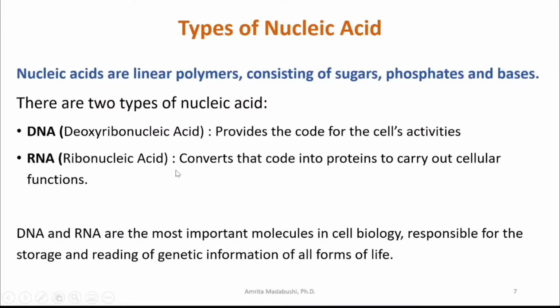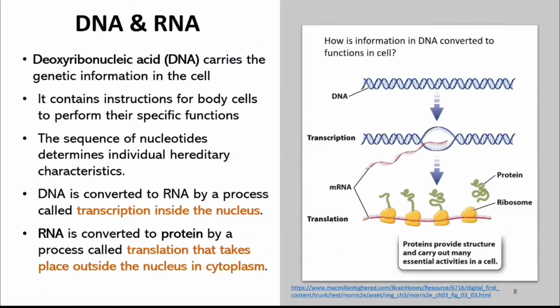It converts the code into proteins to carry out the cellular functions, which means that DNA and RNA are among the most important molecules in cell biology, and they're responsible for storage and reading of genetic information of all forms of life. So this really helps put a perspective that they are very important. And so all the more we need to make sure that we learn about them, as you are going into fields which are directly connected to the preservation of human life.